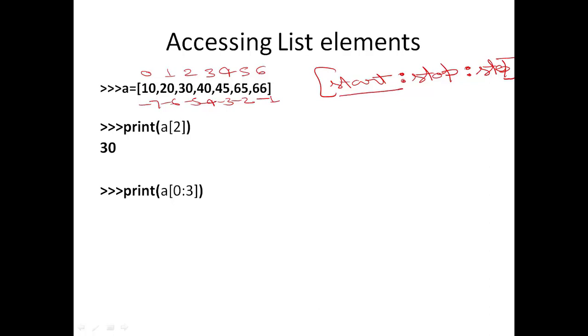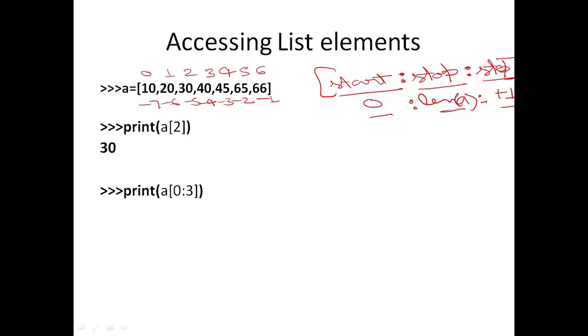By default the start is 0, and the value of stop is by default the length of the list. So whatever the length of this list, this will be the stop value, and by default the step value is +1. So you have to remember all these things, and all these three are optional.